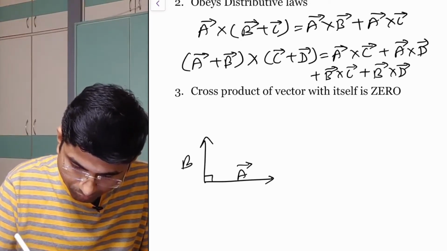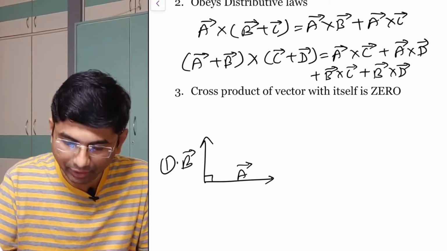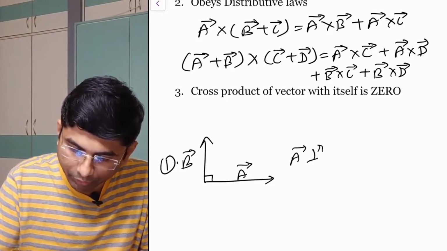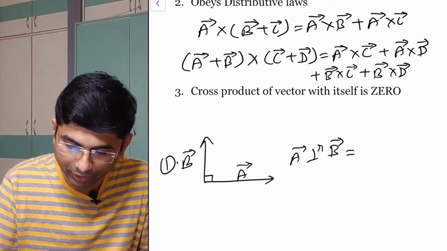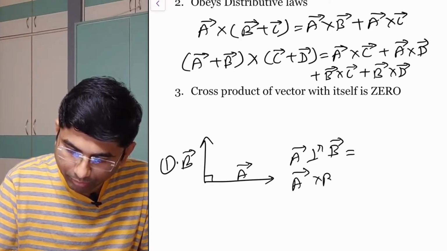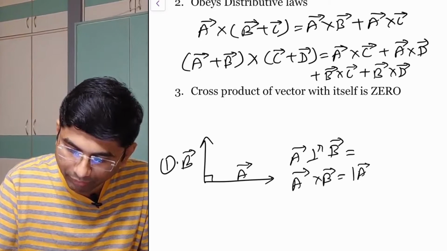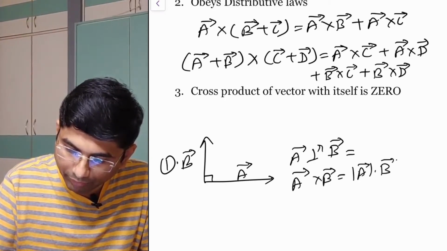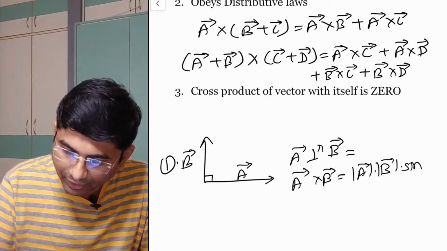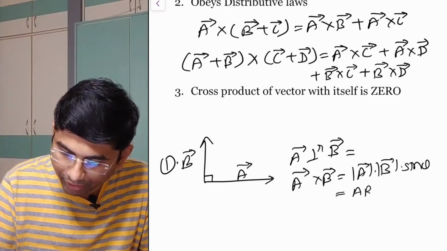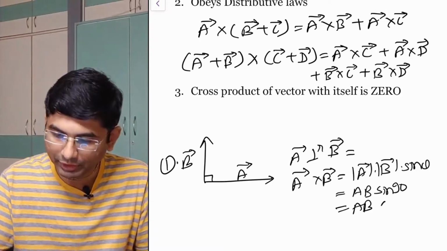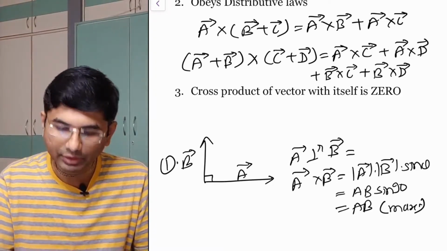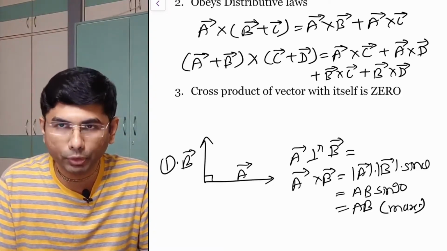In this case, the magnitude of A vector cross B vector will be magnitude of A into magnitude of B into sine theta. Now sine theta will be sine 90, so it can be written as AB sine 90, that is equal to AB. Now this is the maximum value when we are having cross product.